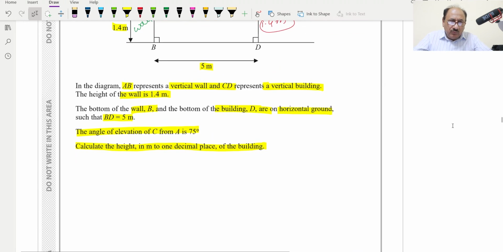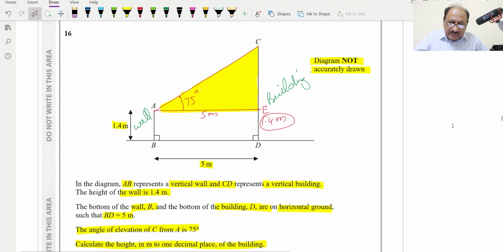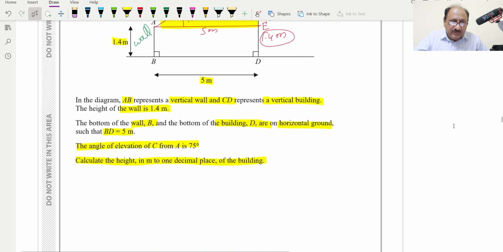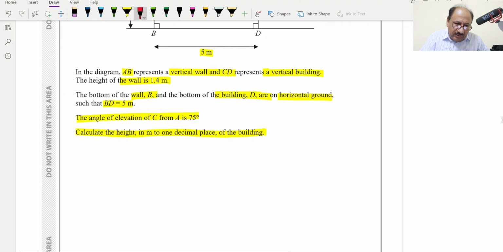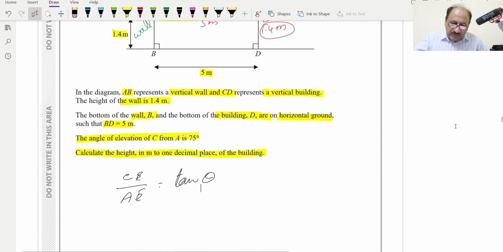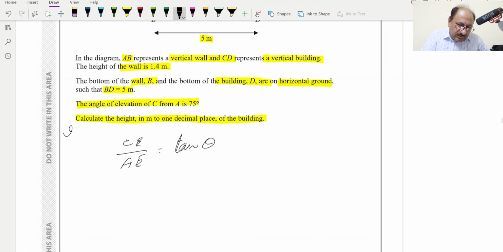So what we can do, well, now we can take CE over AE. CE over AE, that will be tan theta. So we can write CE over AE. This will be equal to tan theta. This is in triangle AEC.